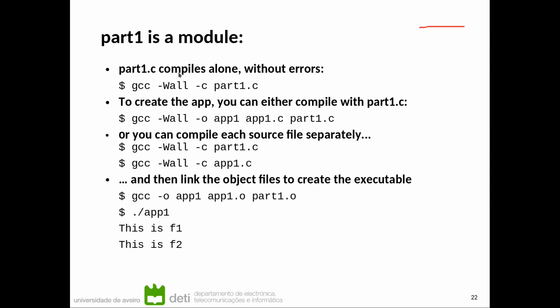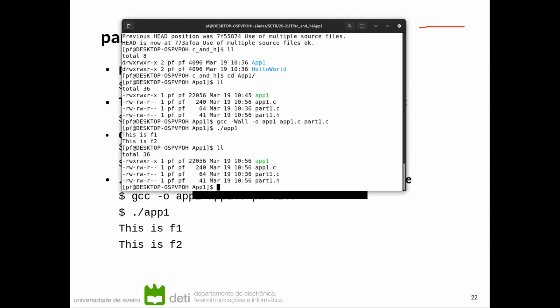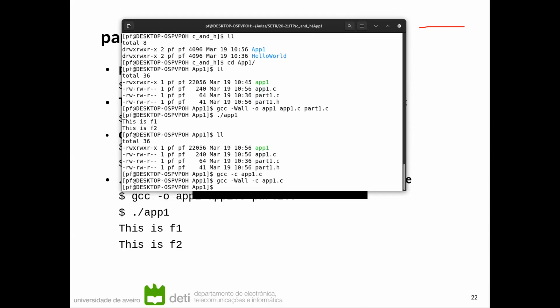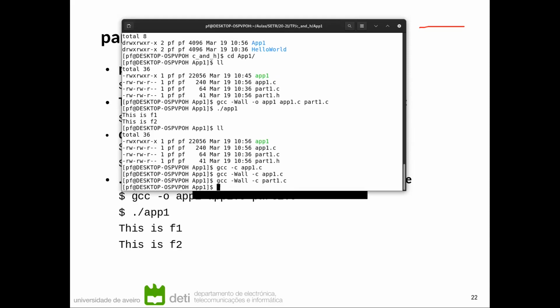I have two C files here, and if I have a properly working program, I should be able to compile app1.c separately. It should produce no errors. Now let's add all the possible warnings. No problems. I can try that with part1.c. Functioning, no problems.